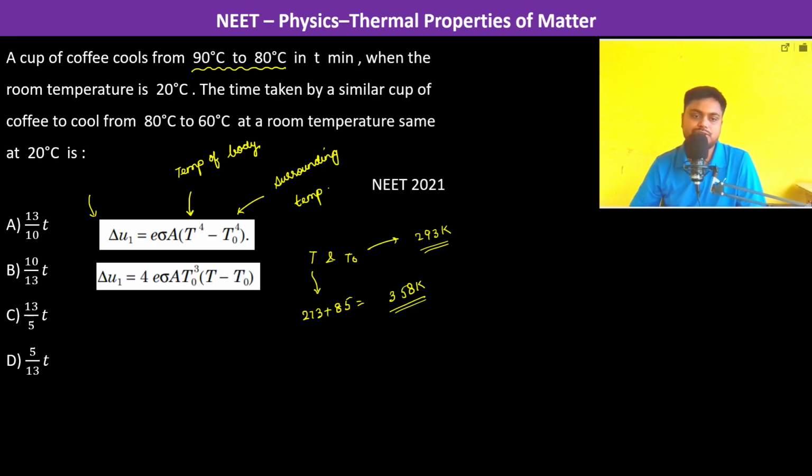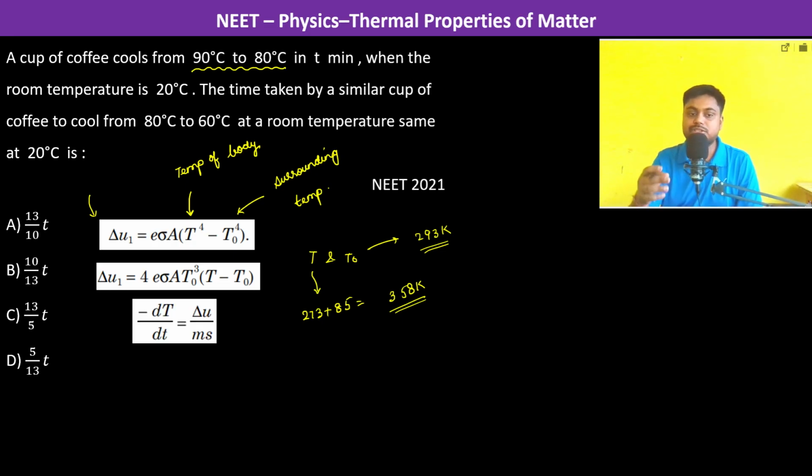So delta U is equal to 4E sigma A T naught to the power 3 into T minus T naught, where T is again the temperature of the body, T naught is the surrounding temperature. Now this much heat is being lost, and the temperature is going to decrease because heat is being lost from the body. Now how the temperature is going to decrease, like what formula we should use?